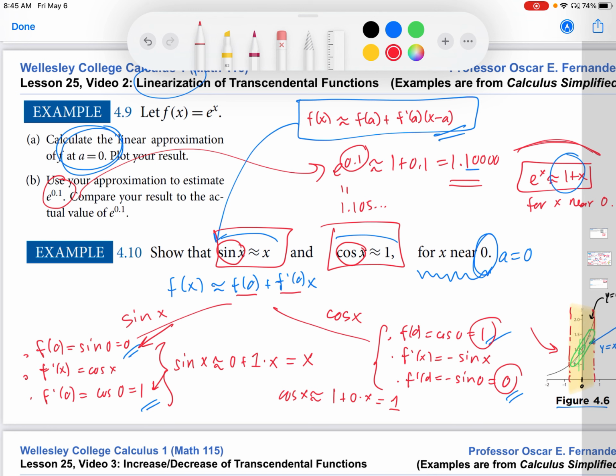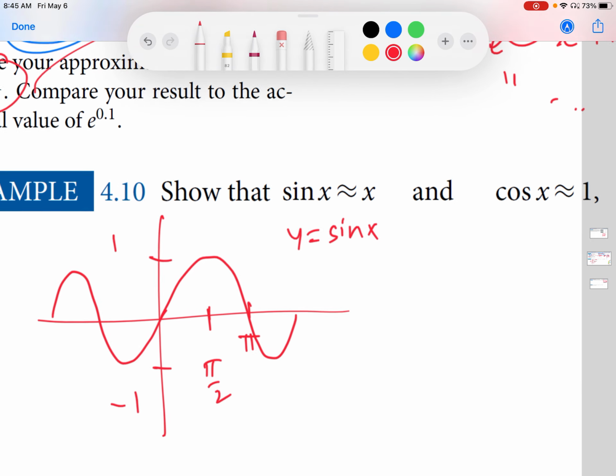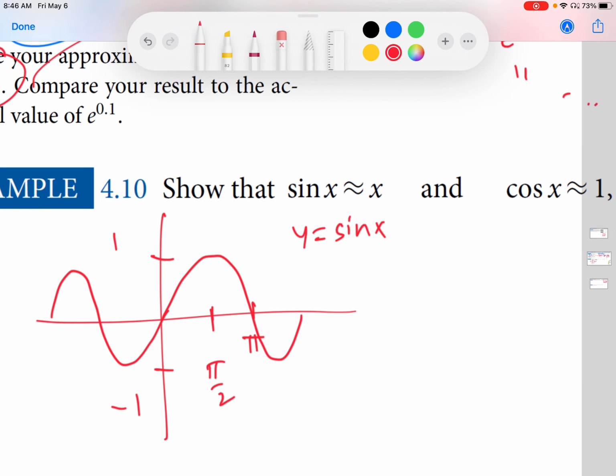Okay, if I were to graph this, I didn't ask to do that, but just so that we have a visual of what's going on, we know the graph of sine x looks kind of like this. This is 1 and this is negative 1, this is pi over 2 for x, and this is pi. So this is y equals sine x. If I zoom in somewhere near x equals 0 and plot the function y equals x, it would look like this.